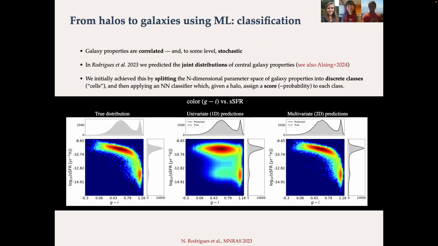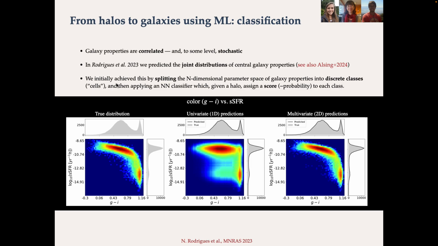Now, we know that galaxy properties are in fact correlated and to some level stochastic. So what we did in this following paper by Natalia Rodrigues et al. 2023, is that we predicted the joint distributions of central galaxy properties.